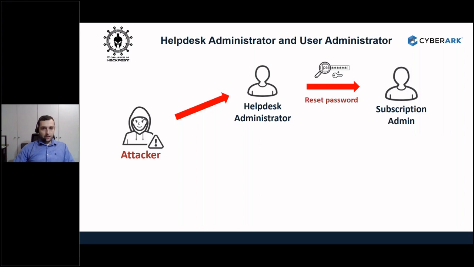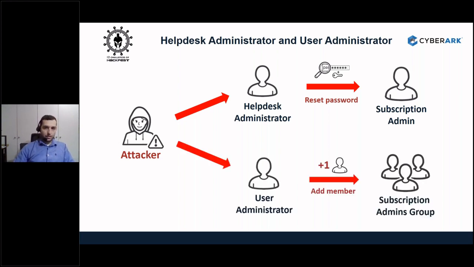Now, another admin role is help desk admin. Well, this is a classic shadow admin. Of course, if someone can reset the password of a different user, it's a huge risk of privilege escalation. And also the role of user administrator, the ability to change memberships of groups.